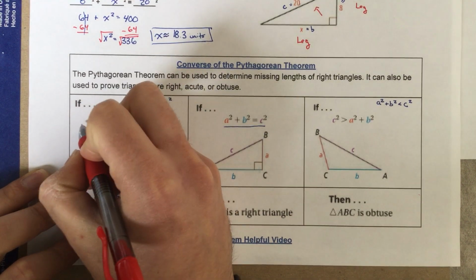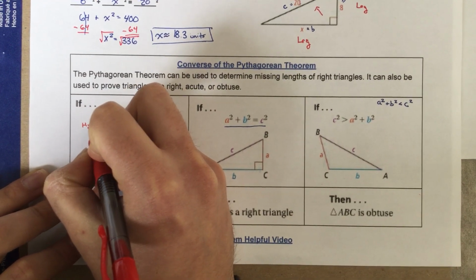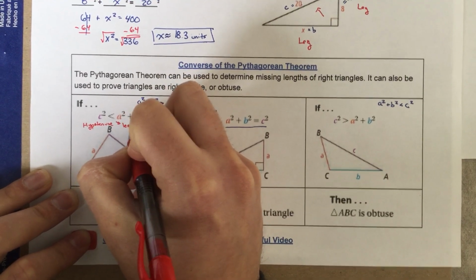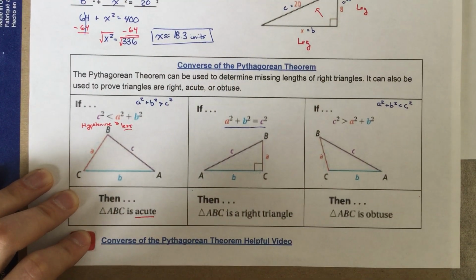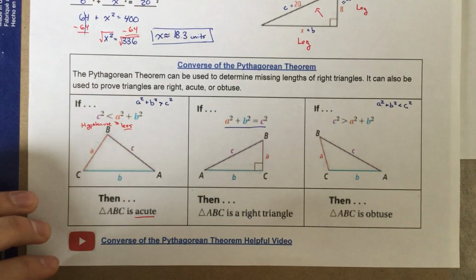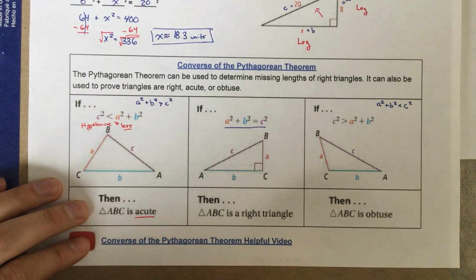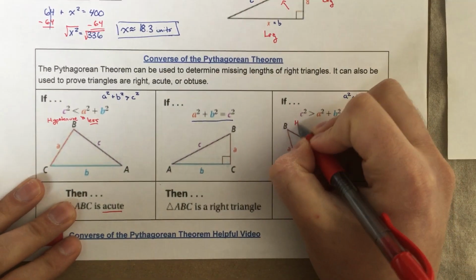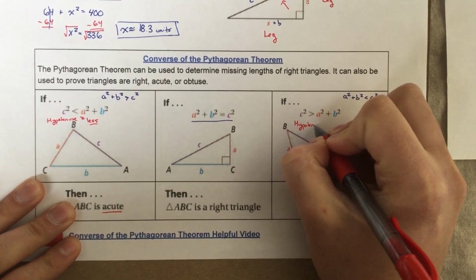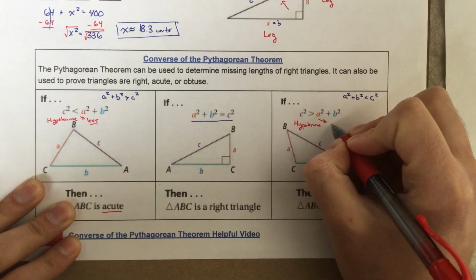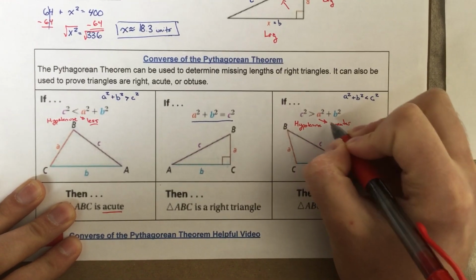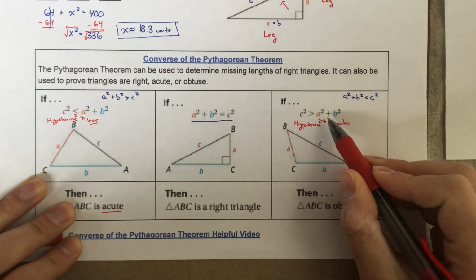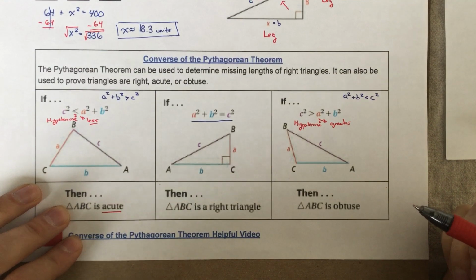So the hypotenuse is less than the sum of the other two squared. When I look at obtuse, the hypotenuse squared is greater than the sum of the other two legs squared there.